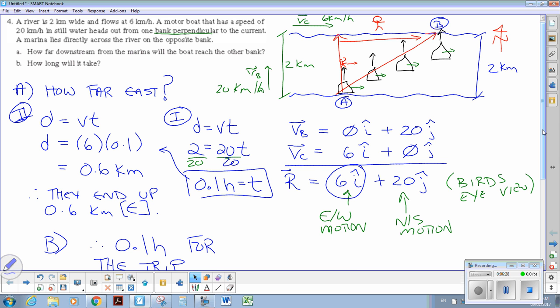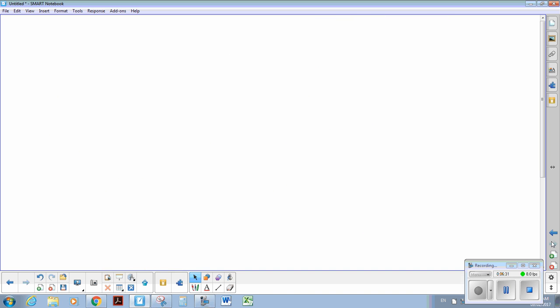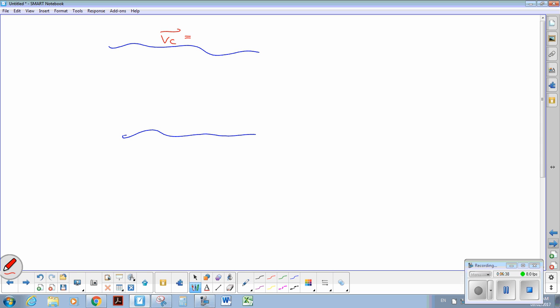If the question had some kind of east-west component going with the river, we would still have our velocity of current equal to 6 kilometers an hour. So when I do my vector addition here, I still have 6i plus 0j, no north or south. But if my boat starts off at any angle other than perpendicular, it's either going to be subtracting from the east-west component or adding to the east-west component.